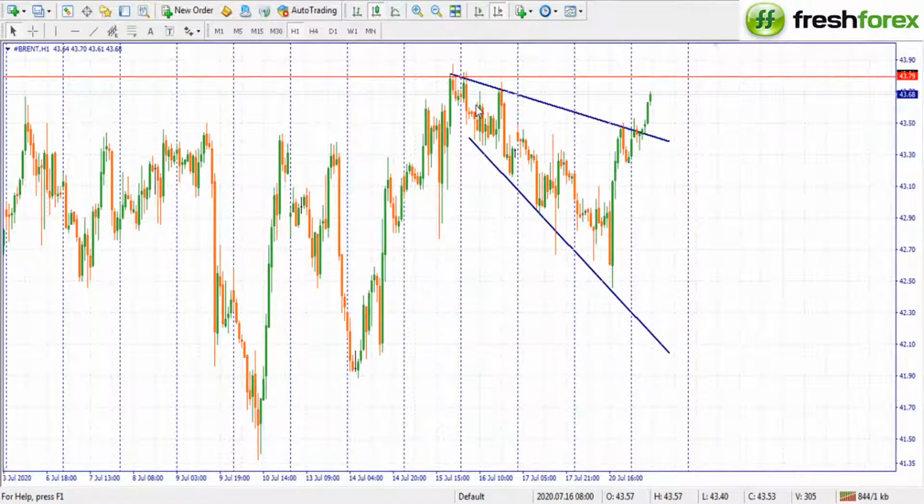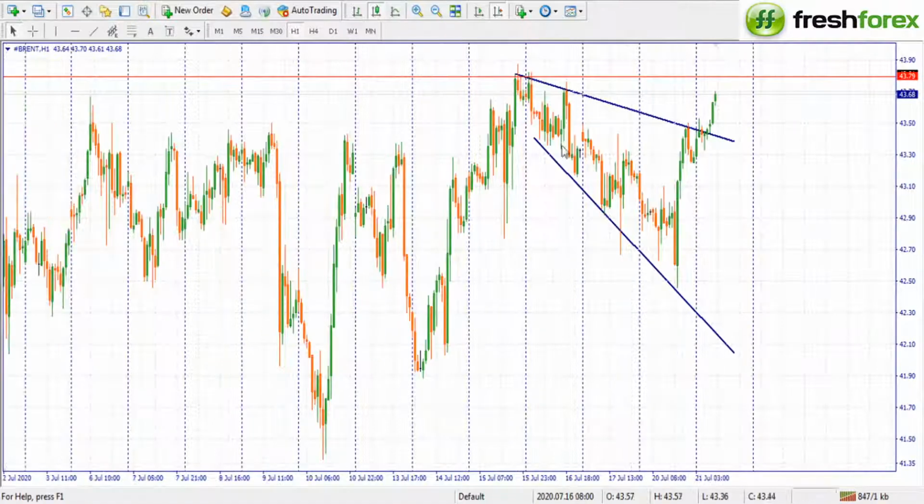This is like an expanding wedge formation. The price has successfully closed above it. So as long as price is held above this level, expect it to continue up to the 43.79 level. We expect price to proceed up to this point, where if it breaks beyond, that will be an ideal place to confirm that we are continuing upwards.